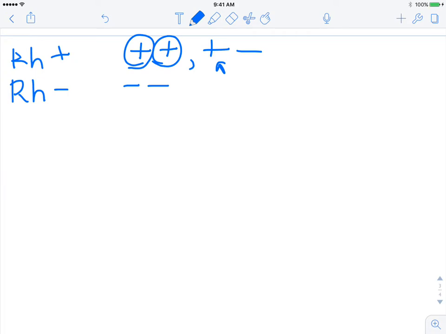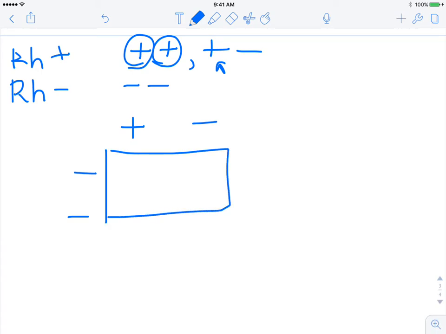So if we were to cross someone with Rh positive blood with someone with Rh negative blood, we would set this up just the same way that you would set up a normal Punnett square. So we will take our two alleles. Let's make it a little bit more exciting, and we're going to say that that person is heterozygous. So we'll have one positive allele, one negative allele, and we're going to cross them with someone who has Rh negative blood.